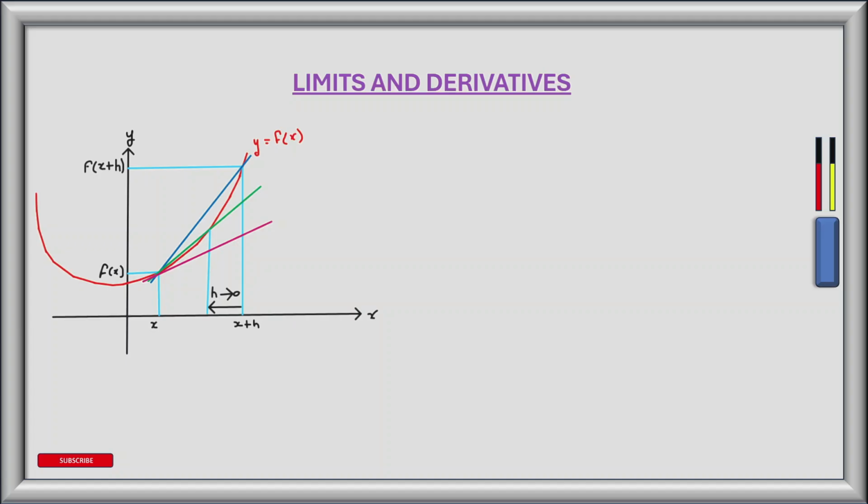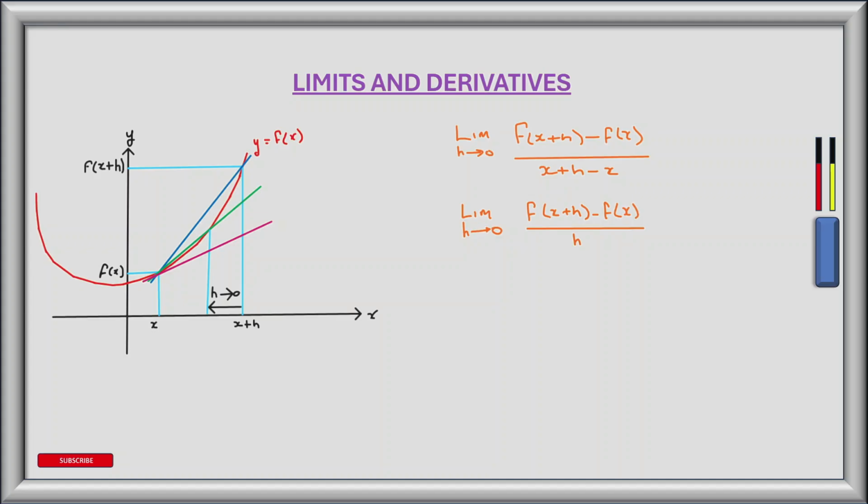So we can say that the tangent to the curve at point x is the limit as h approaches 0 of f of x plus h minus f of x divided by x plus h minus x, which is the limit as h tends to 0 of f of x plus h minus f of x divided by h.